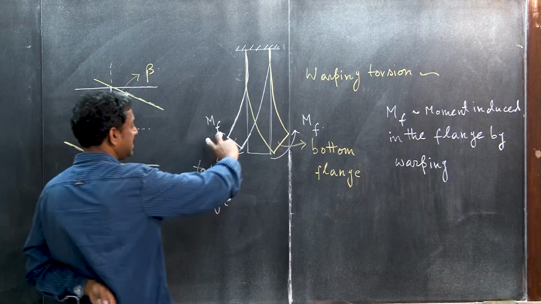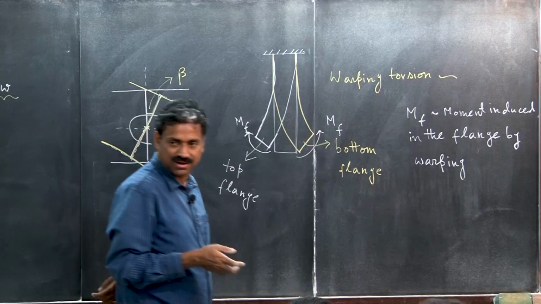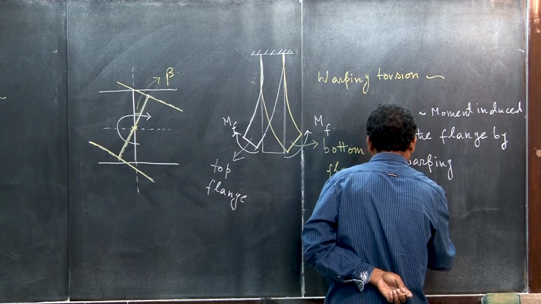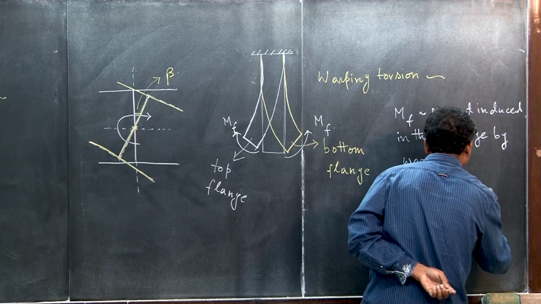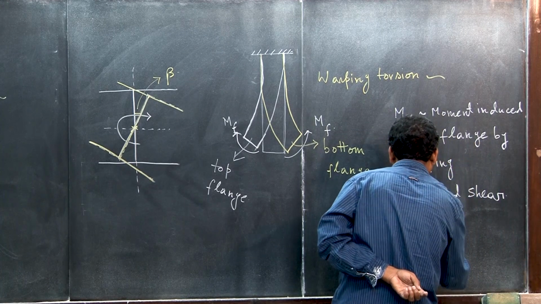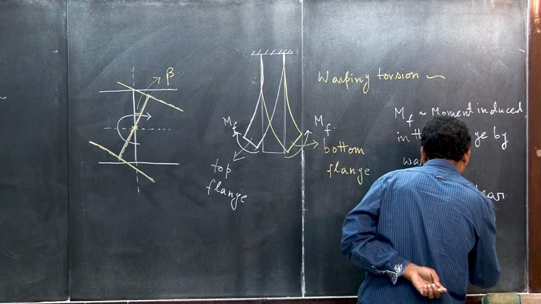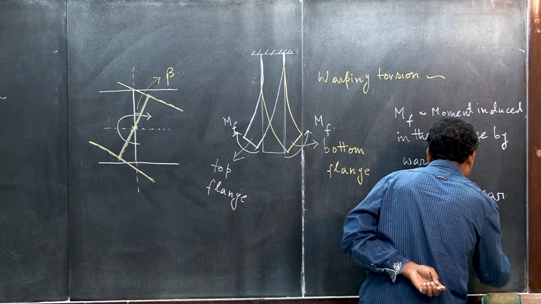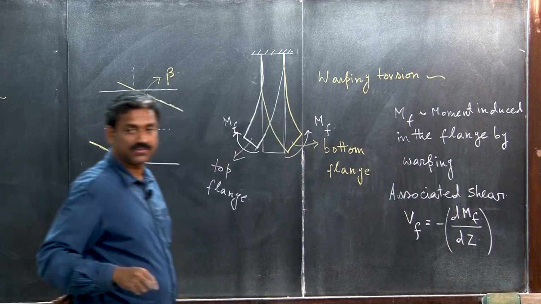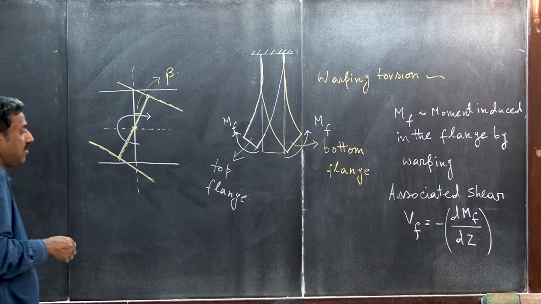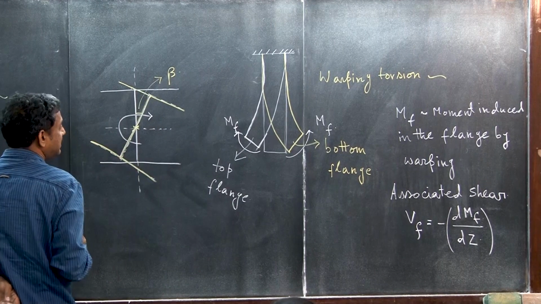Now, when there is moment MF, there will also be an associated shear, and this associated shear we can define as Vf. And this Vf is nothing but minus dMf by dz, the shear force and bending moment expression, right. Okay. Please note that. So, if I want to define this Vf like this, okay.